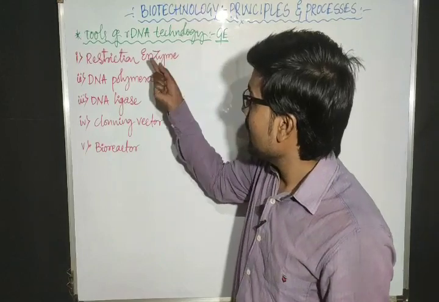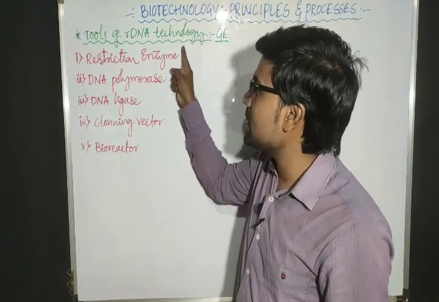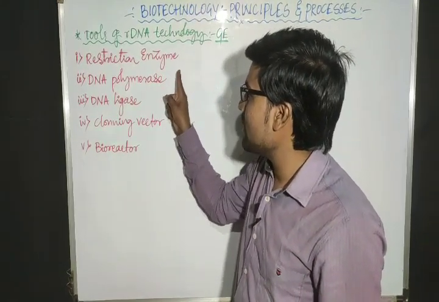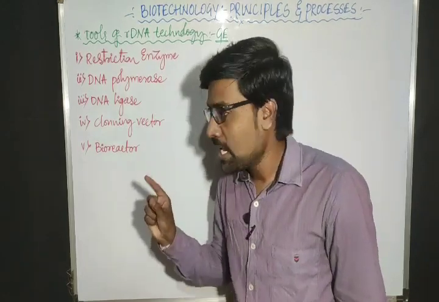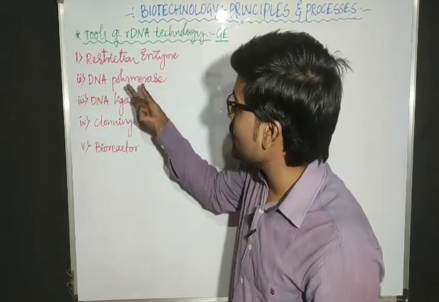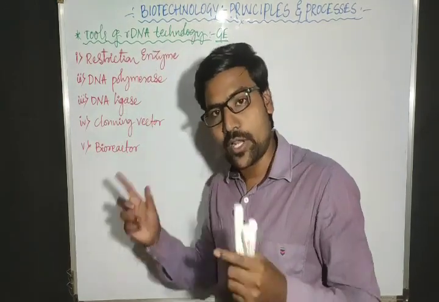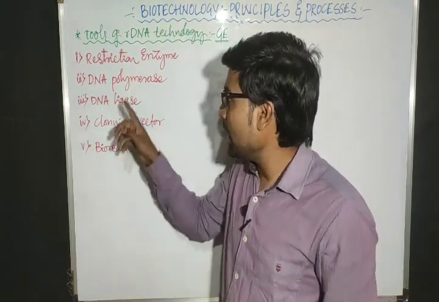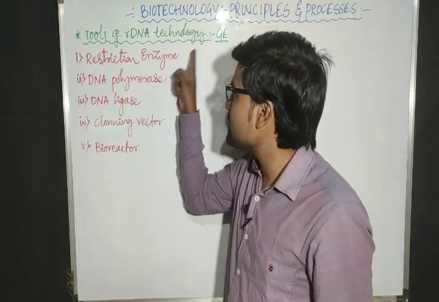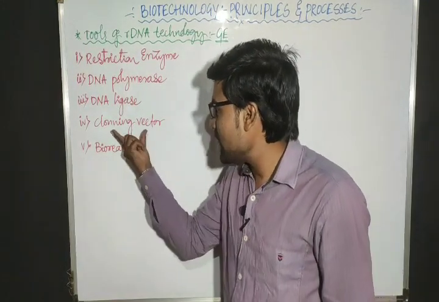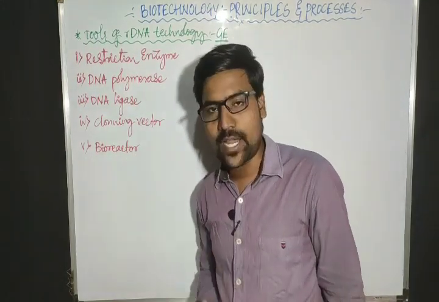Here we observe 3 enzymes: restriction enzyme, polymerase enzyme, ligase enzyme. Already in the molecular basis of inheritance chapter you observed polymerase and ligase enzymes. Here one more special enzyme is restriction enzyme. And next we have a cloning vector and bioreactor.